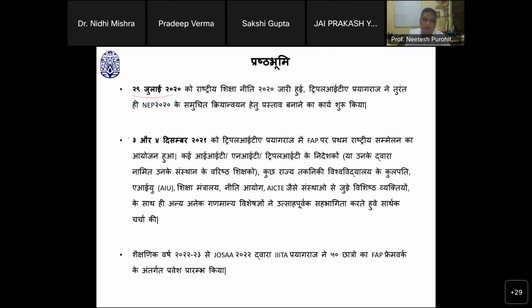And you can see over here we invited the experts from IITs, NITs, IIITs, the directors and other eminent persons, and experts from the Ministry of Education, Niti Aayog, AICTE chairman, and other persons. A lot of persons we invited, and we just wanted to know their opinion, their vision about the draft that we have been preparing, that is the flexible academic program.